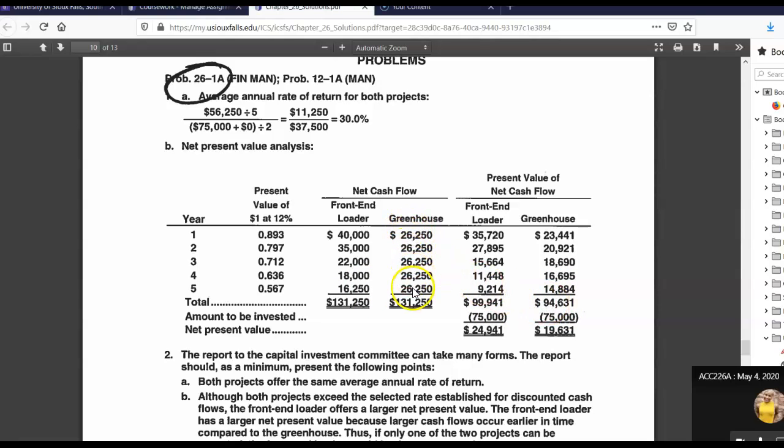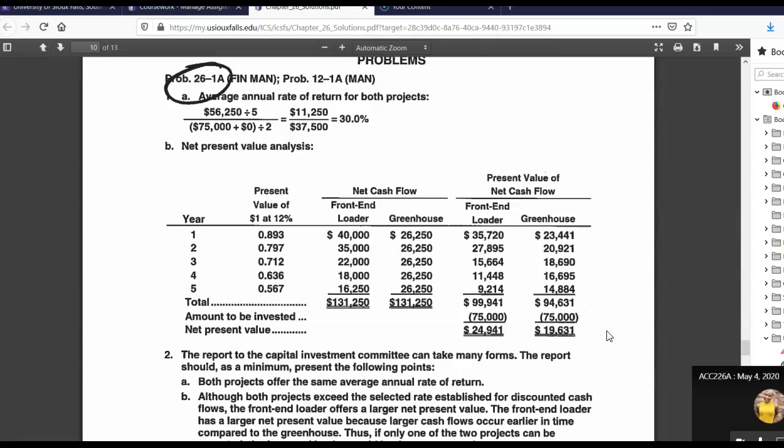This just happens to be the same, but notice here, we're getting 40,000 in a year versus 26. So that's going to have a bearing on that 99. Again, the investments are the same. So in this case, which one is the most attractive? The front end loader. Not by a lot, $5,000 or so, but it's more attractive.